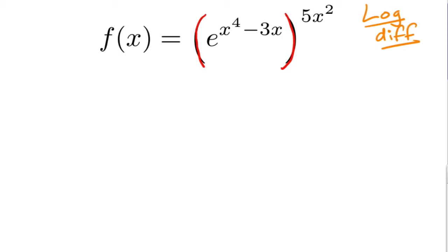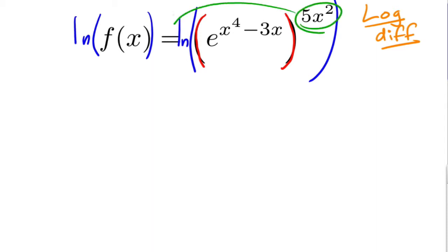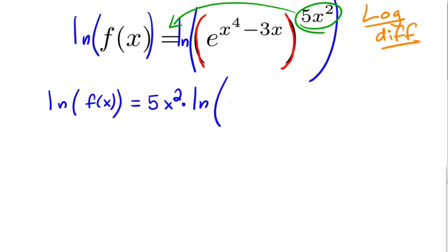So remember, you start off by getting the natural log of both sides. And the whole point of getting the natural log of both sides is so that you can bring the exponent out in front. So when you do that, we would have natural log of f of x is equal to 5x squared times natural log of e to the x to the 4th minus 3x.